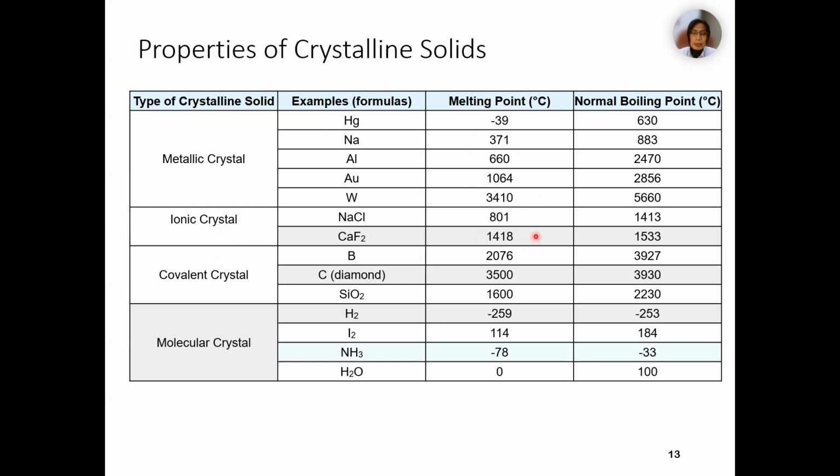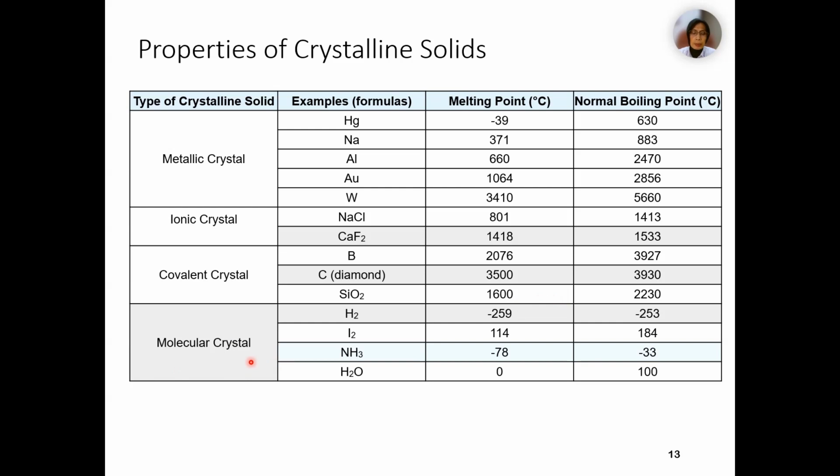Ionic crystals: sodium chloride 800, calcium fluoride 1400. Covalent crystals usually have very high melting points: boron, because of the covalent bonding, 2067, diamond 3500, silicon oxide 1600.